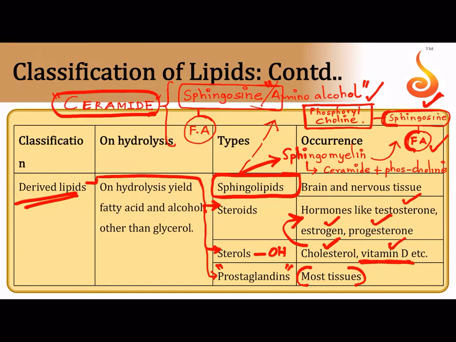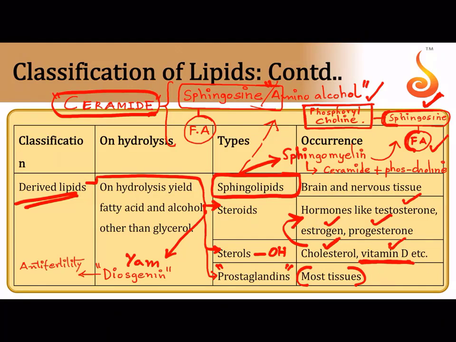There is one more steroid-like compound that is derived from the yam plant, and it is called diosgenin. This diosgenin, a steroid-like structure that is extracted from the yam plant, is used as an anti-fertility pill.